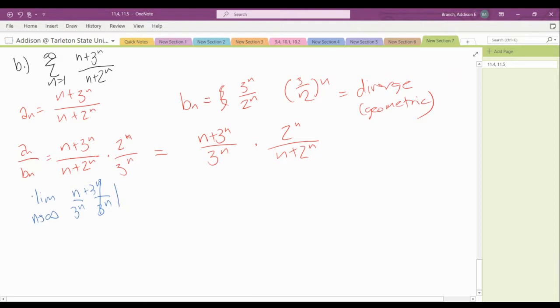If we take our limit of this n over 3^n, we're going to get infinity over infinity. But we can do L'Hopital's rule with this one to get the limit as n approaches infinity of 1 over the derivative of 3^n.